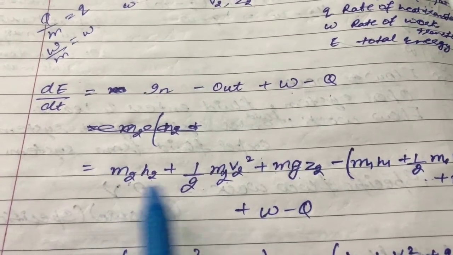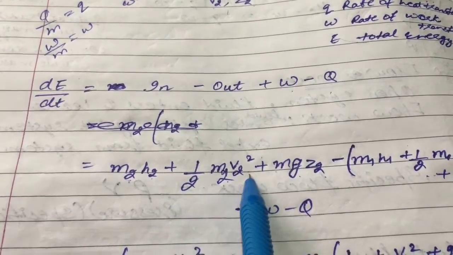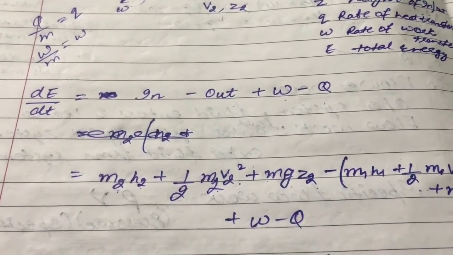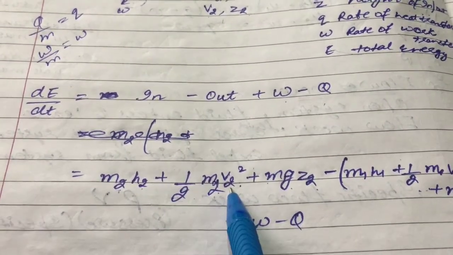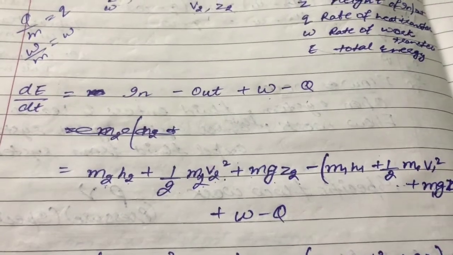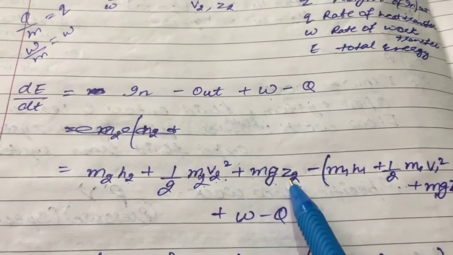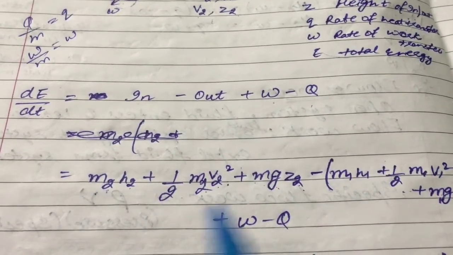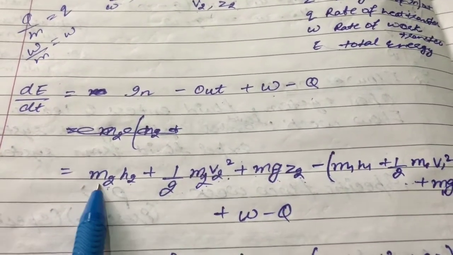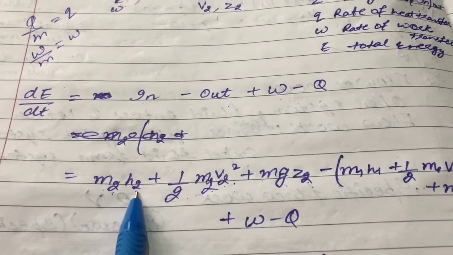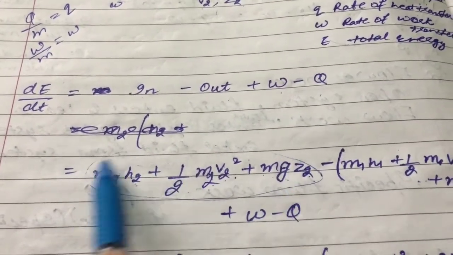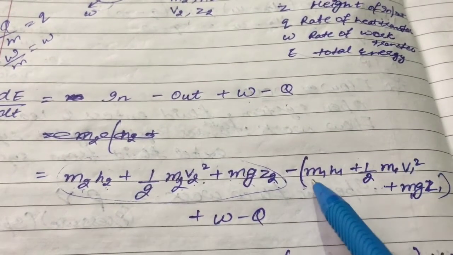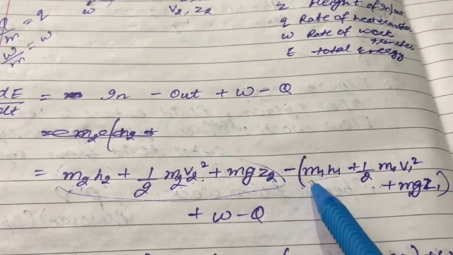This is basically kinetic energy plus potential energy: half m v square is kinetic energy, and m g Z, with Z being the height, is potential energy, plus mass into specific enthalpy.